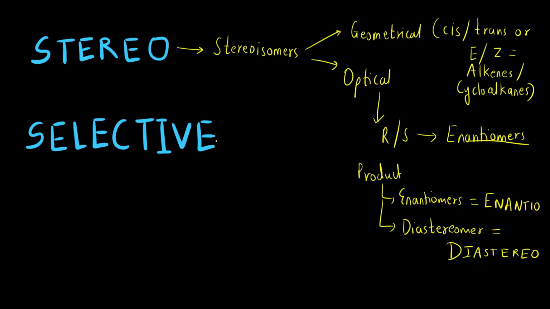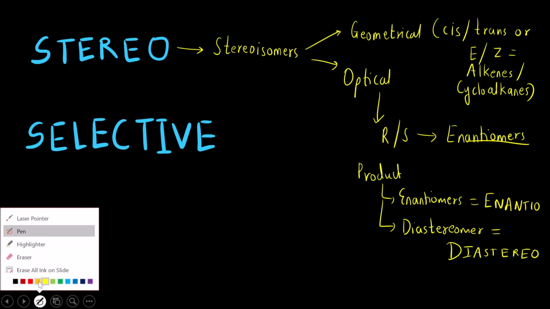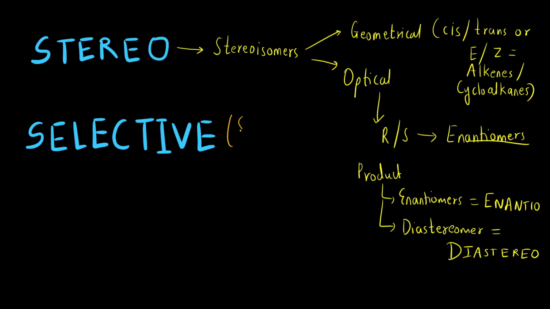Now let us see what is selective. Selective means selectively one isomer is formed in more amount, or we can say one isomer is the major and another isomer is the minor product.